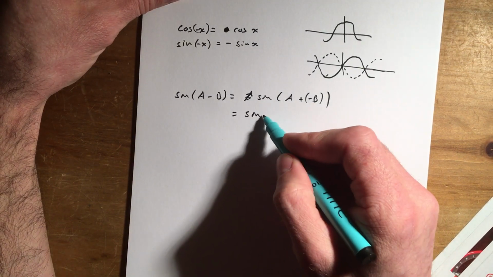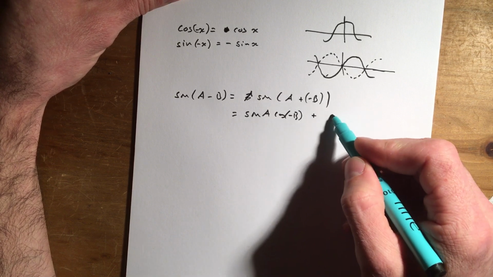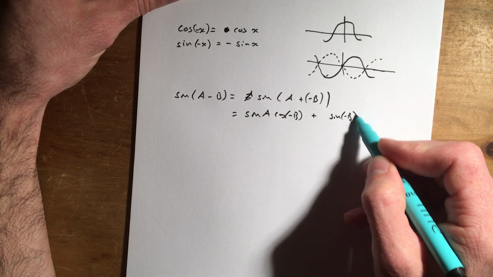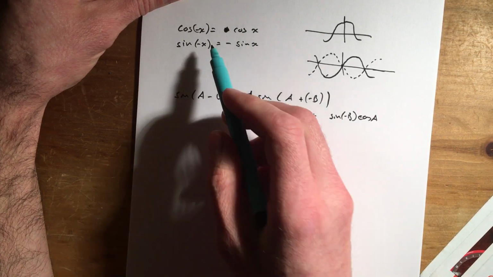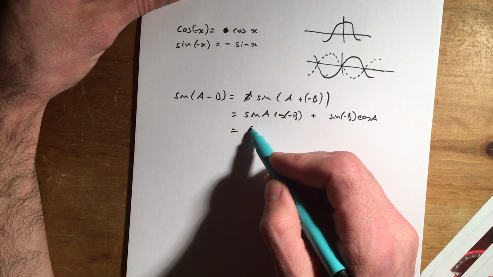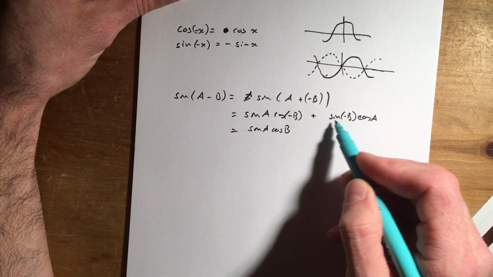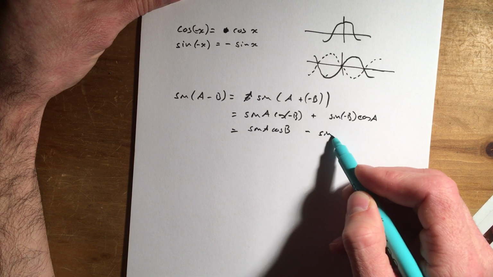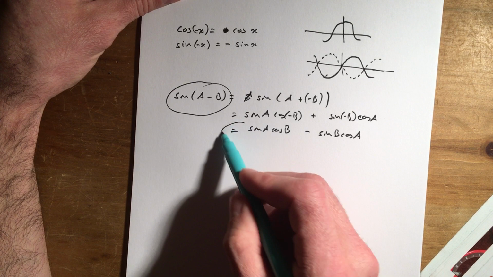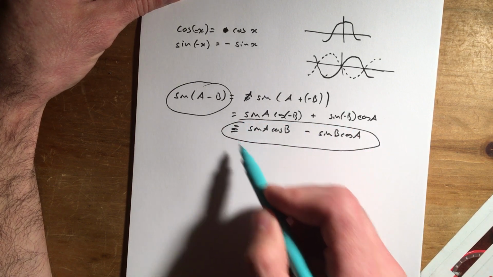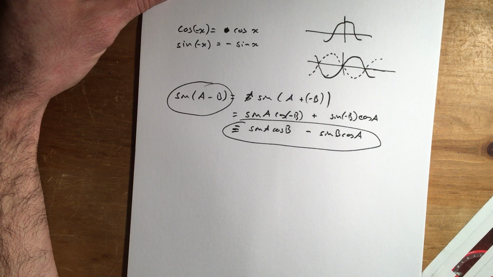So sine of A cos of minus B plus sine of minus B cos of A, and then cos of minus B is the same as cos of B. Sine of minus B is minus sine of B. So we can get that formula, that identity rather, that way, and you can get the cos of A minus B in exactly the same way.